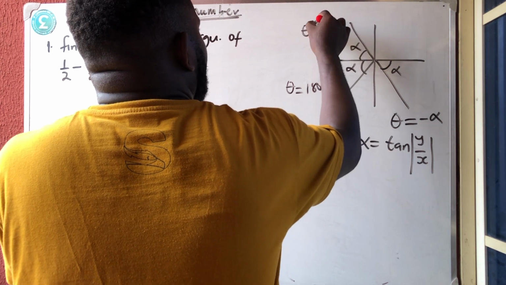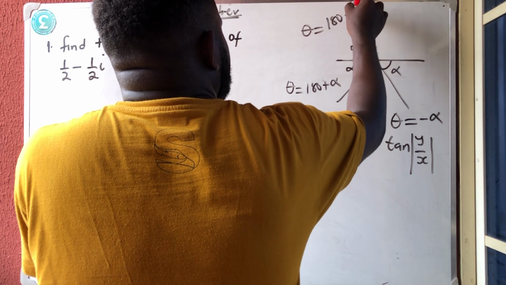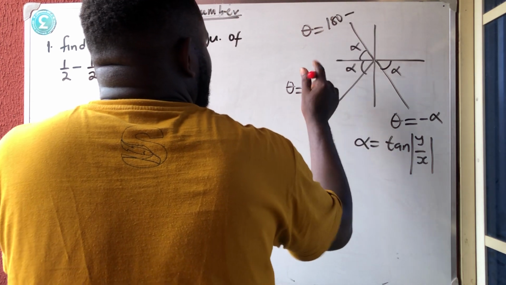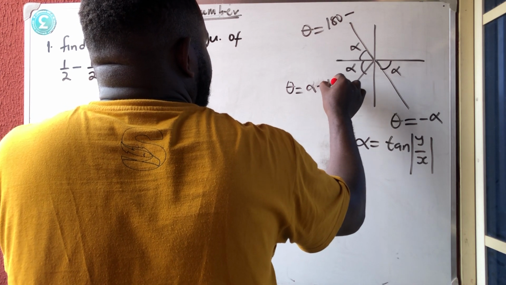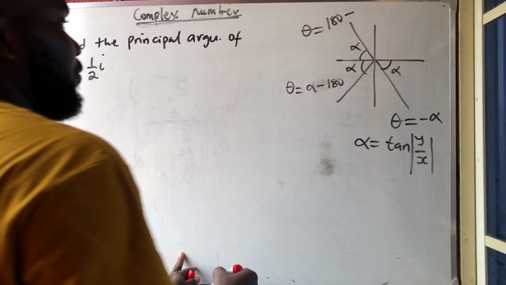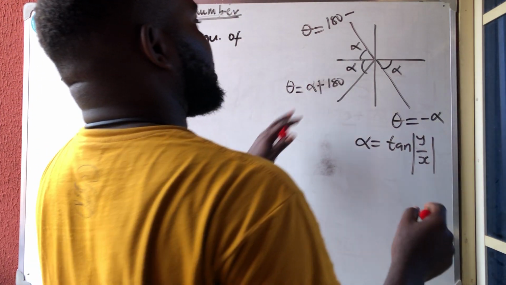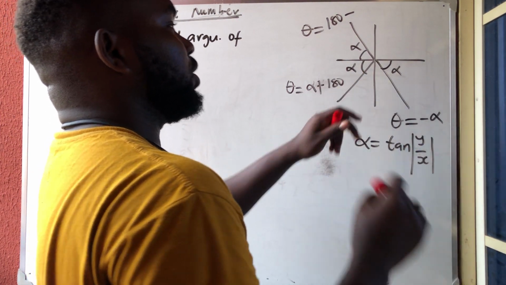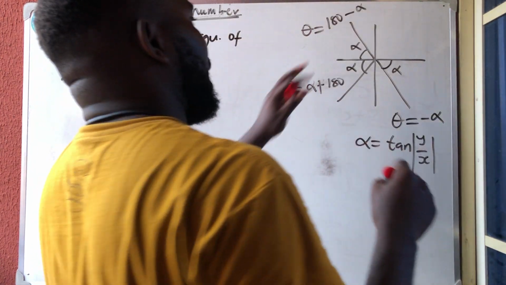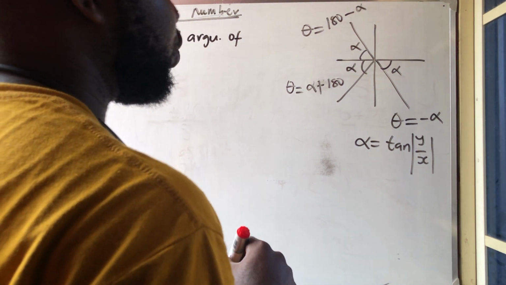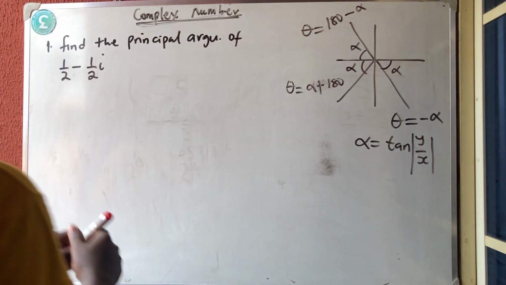Your principal argument is equal to what? 180 minus, in fact, not this, sorry, it's supposed to be alpha minus 180. You will check, just so that anything you are doing should fall within the third quadrant. Okay, so this one is theta minus alpha, while the first quadrant remains. But where they normally ask you question is only on the fourth quadrant.